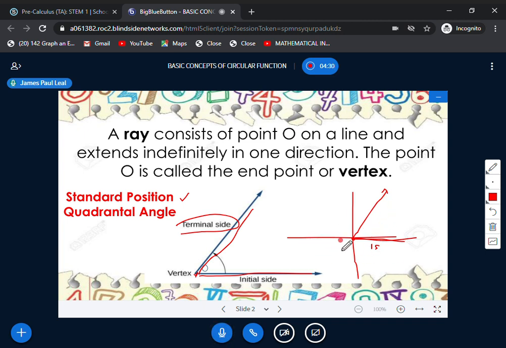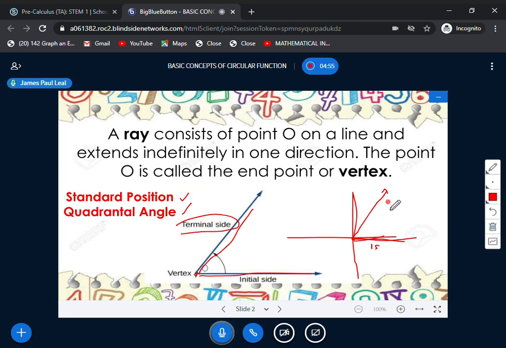As for the quadrantal angle, if an angle is in standard position and its terminal side coincides with the coordinate axis, then we say the angle is referred to as a quadrantal angle. If it coincides with the x-axis, that is in its standard position.